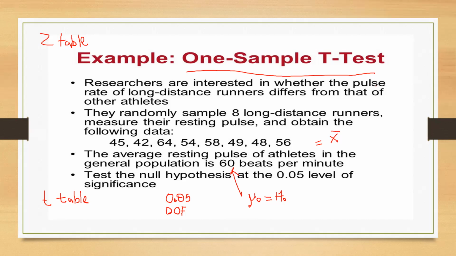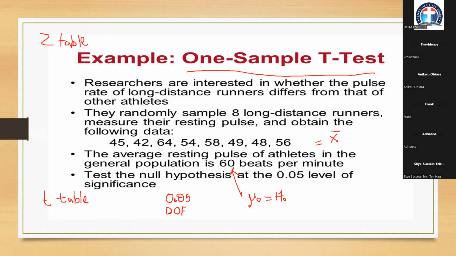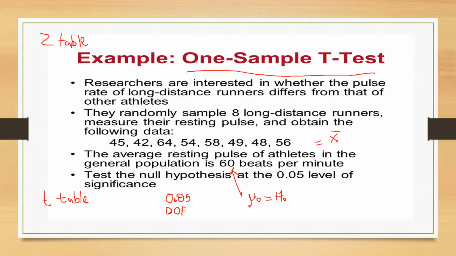N-1. Good. Sample size minus 1. Can another person tell me now what is the degree of freedom for this question we have on the screen? 7. The answer is 7. Good.